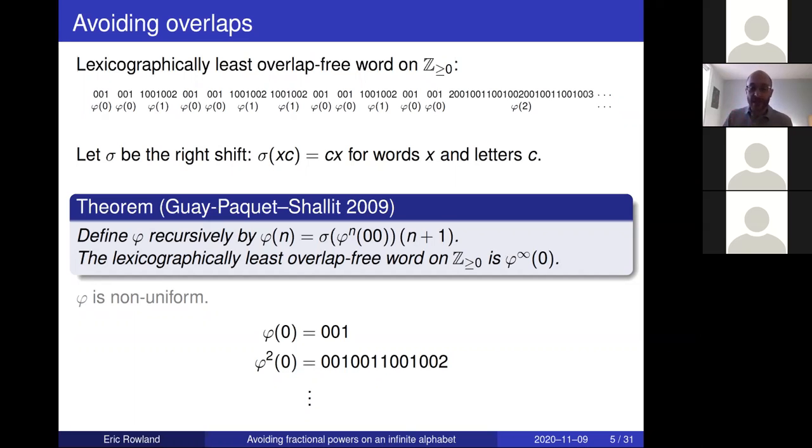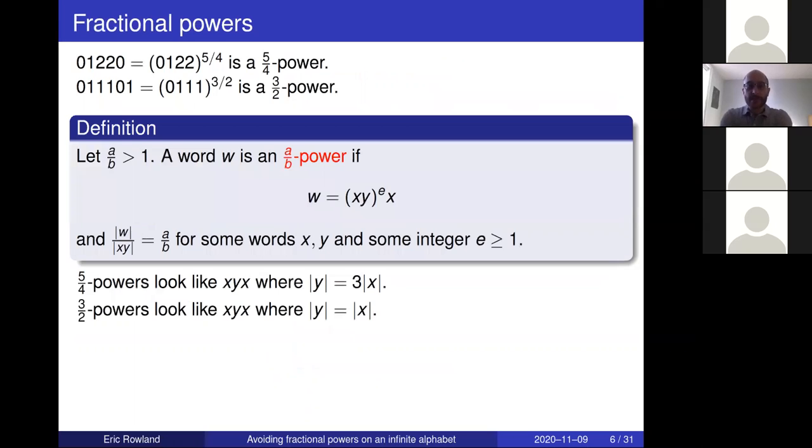We also have overlaps. In this talk, I'm going to focus on fractional powers. So here are some examples of fractional powers. 1, 2, 2, 0, 1, 2, 2, 0 is a 5/4 power because it consists of the word 0, 1, 2, 2 followed by its first fourth.